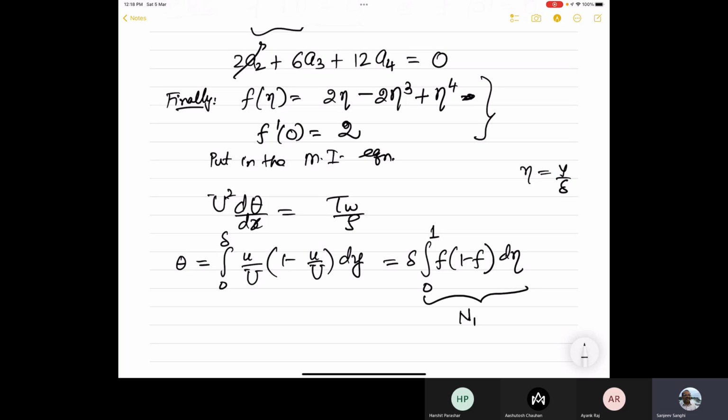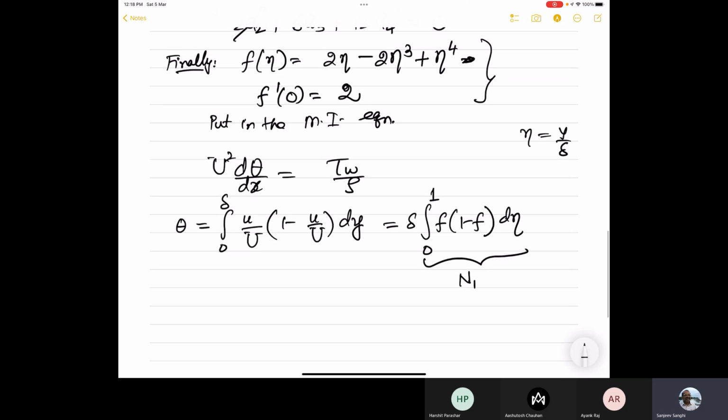You can call it n1 or n2, whatever. This is just a number, and let's call this n1. So now what we get from here is that theta by delta is equal to the integral from 0 to 1.